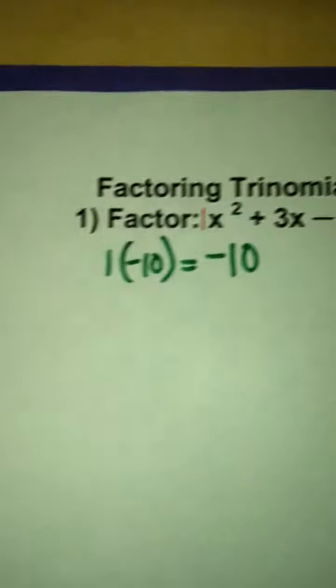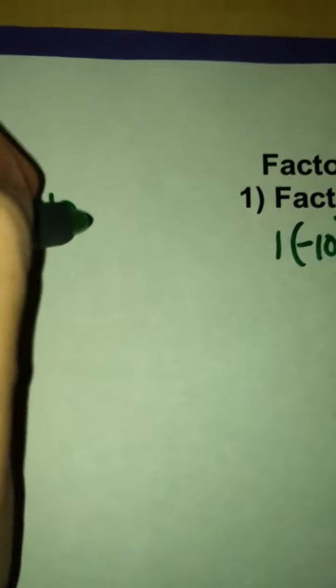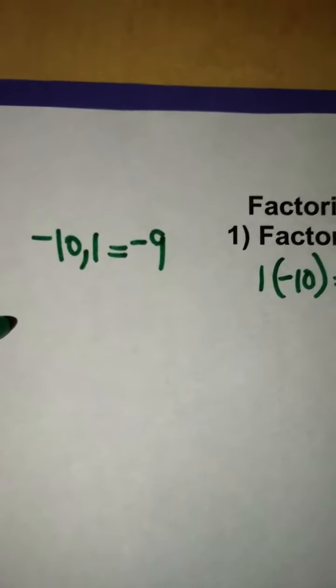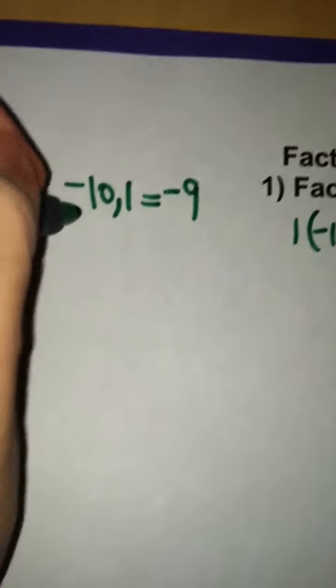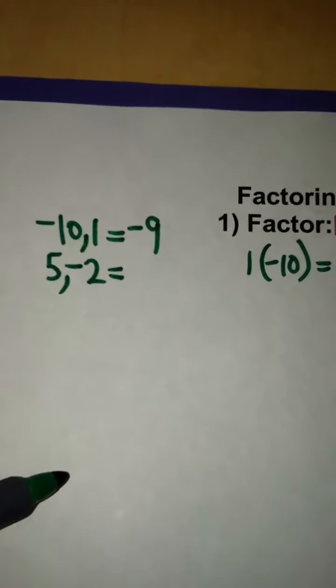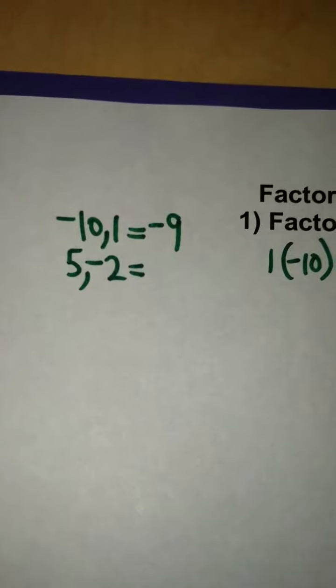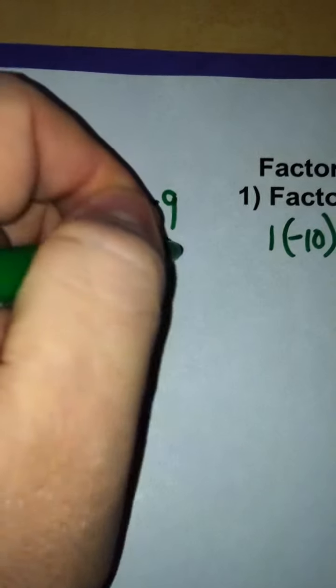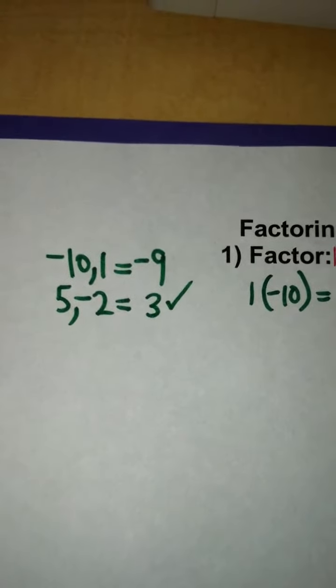Well, if we did negative 10 and 1, that would give us negative 9. If we tried 5 and negative 2, well, 5 minus 2 will give us 3, which is what we want.